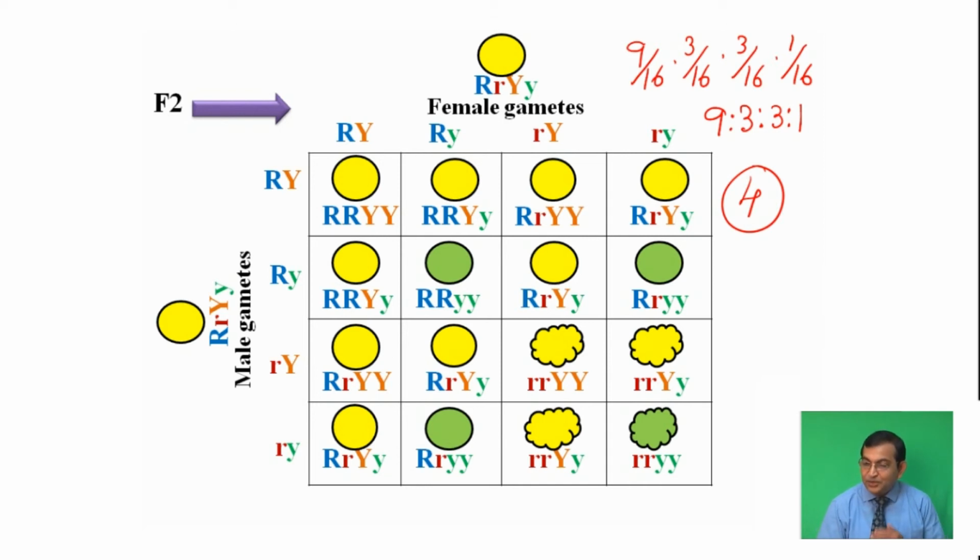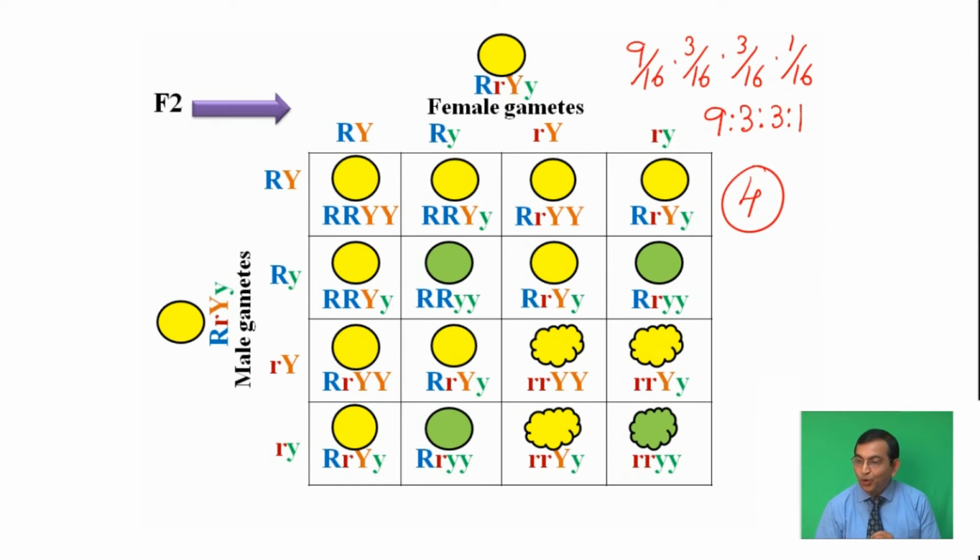From this cross, Mendel also inferred that alleles segregate, as he told in the previous experiment. Secondly, each character segregates independently of each other.